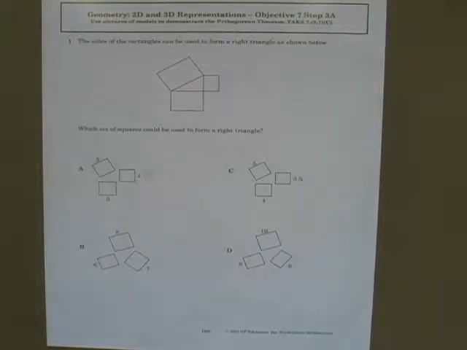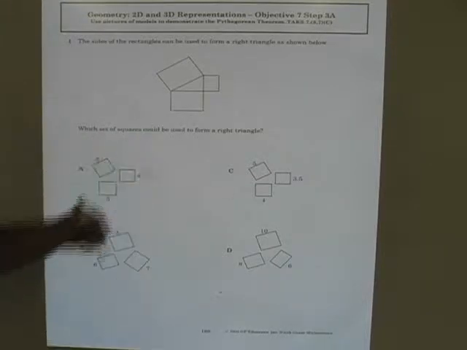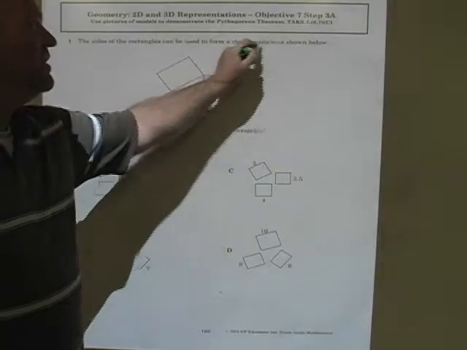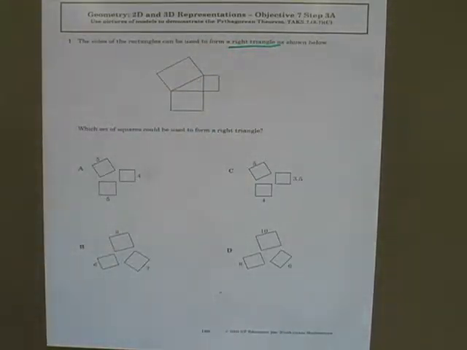Okay, the sides of the rectangles can be used to form a right triangle as shown below. Which set of squares could be used to form a right triangle? Now, what you've got to notice here is they're talking about a right triangle. You should know what a right triangle looks like.